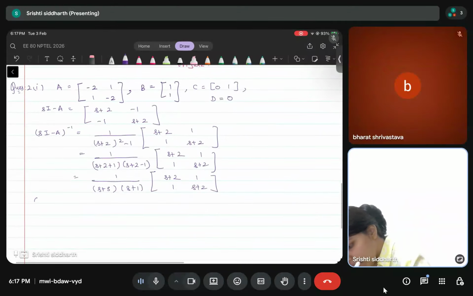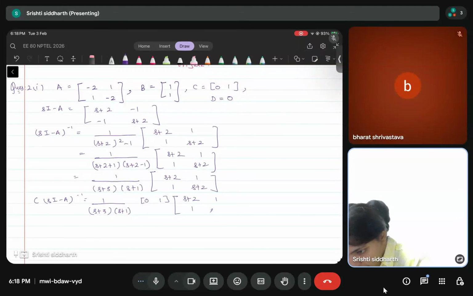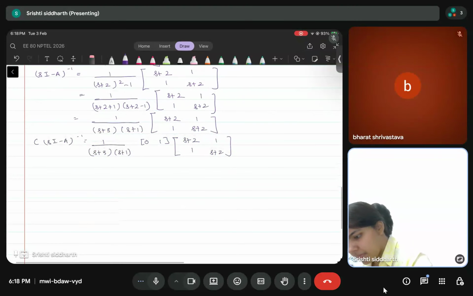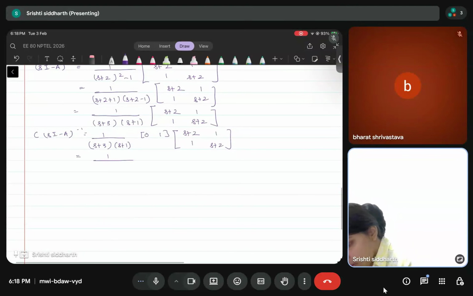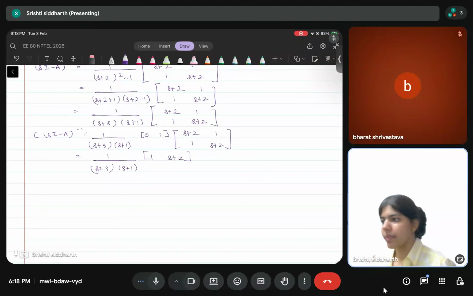Alright, so C times sI minus A inverse is 1 over (s plus 3)(s plus 1) times [0, 1] times the matrix, which becomes [1, s plus 2]. Let me know if there is an error in the calculations.